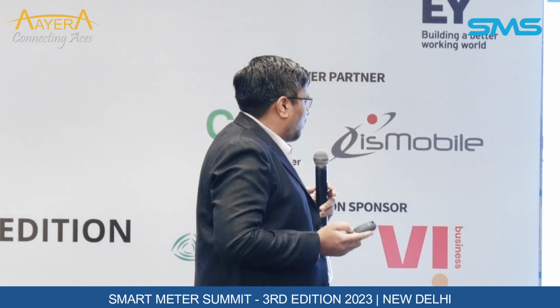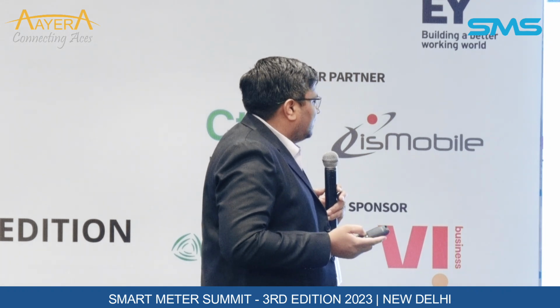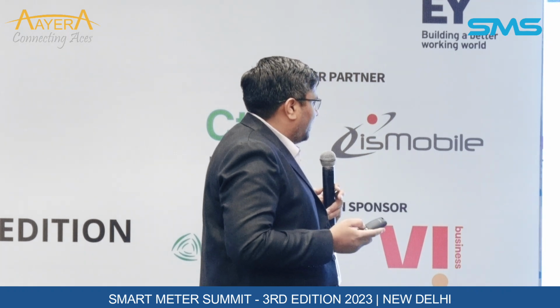In the street environment or the open field, the 150 meter range is healthy, where you don't see any packet losses. You start seeing packet losses after 150 meters, where RSSI starts dropping below minus 70 dBm.